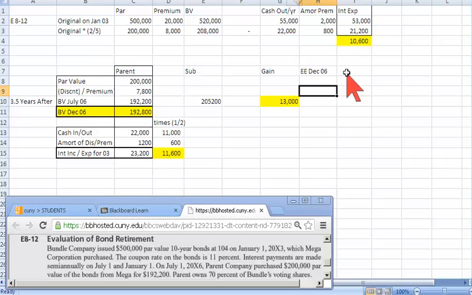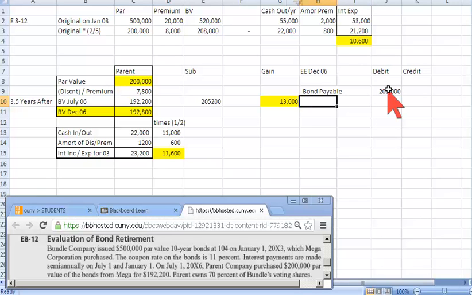We'll be decreasing the original bonds payable, which is this amount right here, because it really doesn't exist.